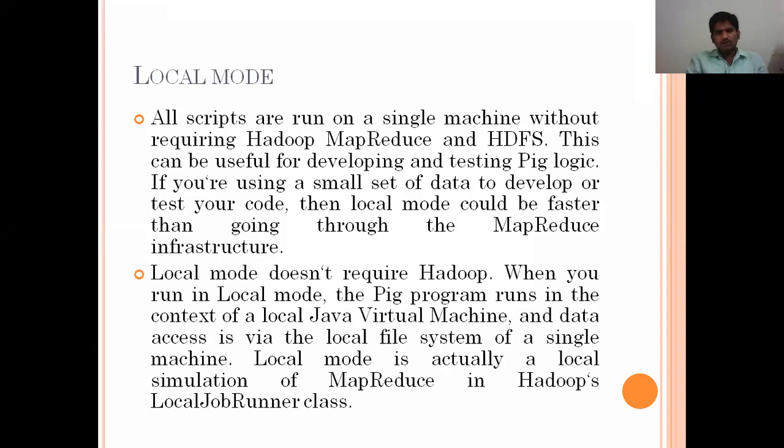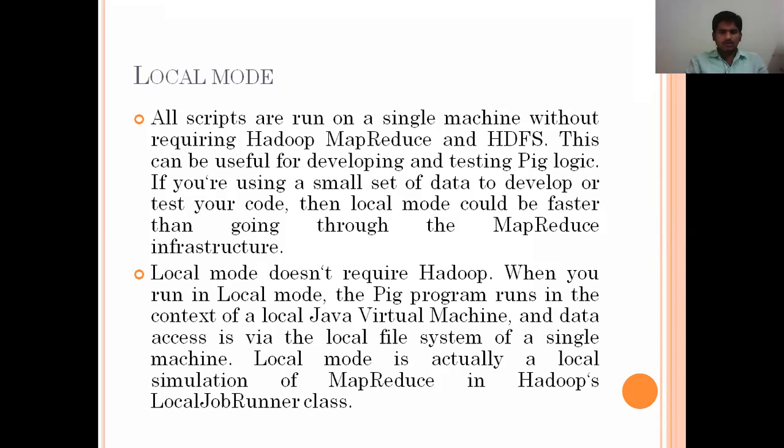The local mode does not require Hadoop. Yes, I told you here we don't have any Hadoop system, we are just going to be testing. When you run in local mode, the Pig program runs in the context of a local Java virtual machine, JVM. The data is accessed via the local file system of a single machine.